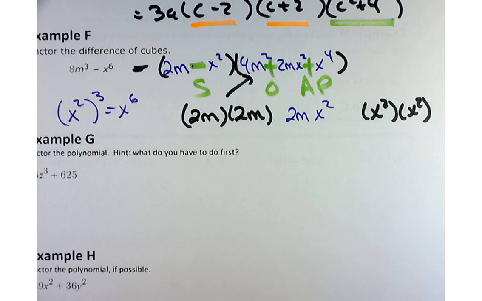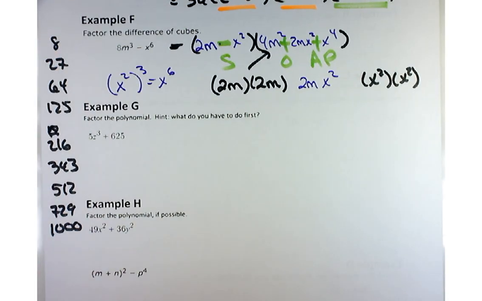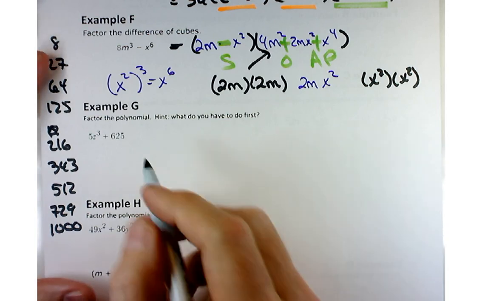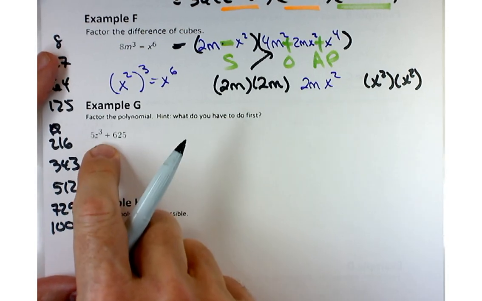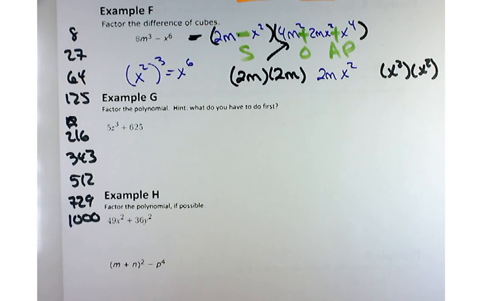Let's try example G. Well, 625, that's not on my list of perfect cubes. I don't get it. So I mean, 625 is 25 squared or 5 to the fourth power, but none of that helps me out.